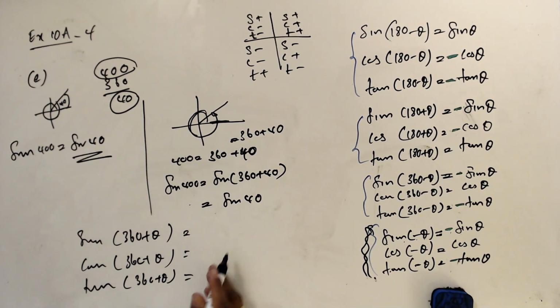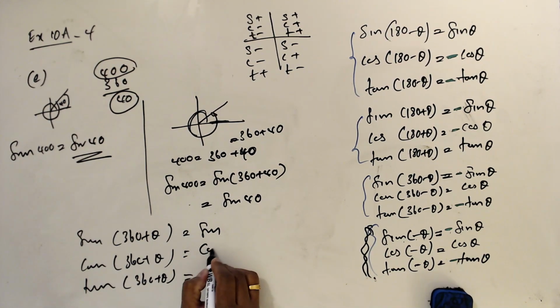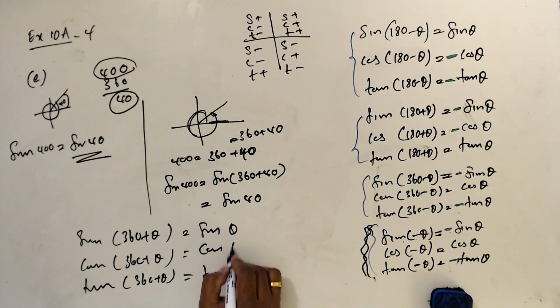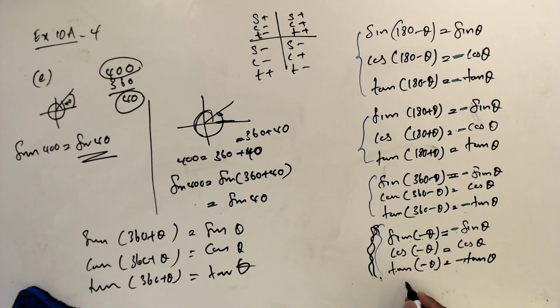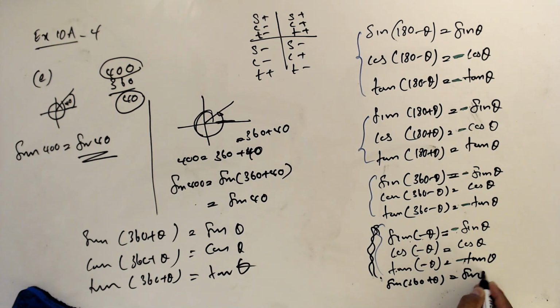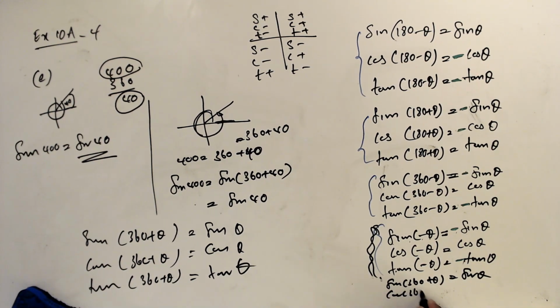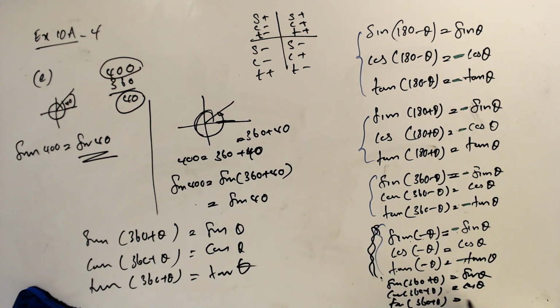So simply you can write sine theta, cos theta, tan theta. Sine 360 plus theta is sine theta. Cos 360 plus theta is cos theta. Tan 360 plus theta is tan theta.